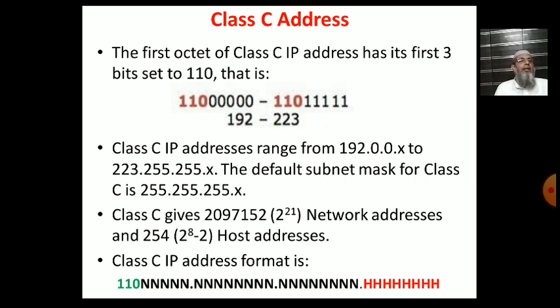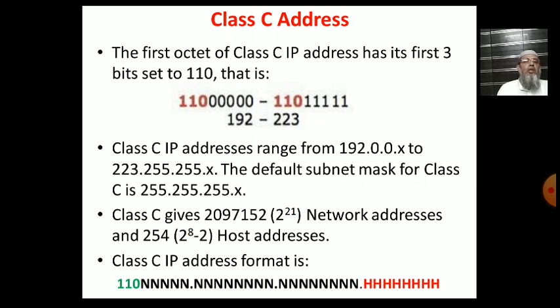And class C can give 2 raised to 21 network addresses. We have 21 network bits, so 2 raised to 21 is the number of networks, because we have 24 network bits, out of which we are using 21 for the network. Then we can see the number of networks increases and grows here, but the number of hosts in each network is reduced, because we have only 8 bits for hosts, and out of those 2 addresses are used for the network address and broadcast address.